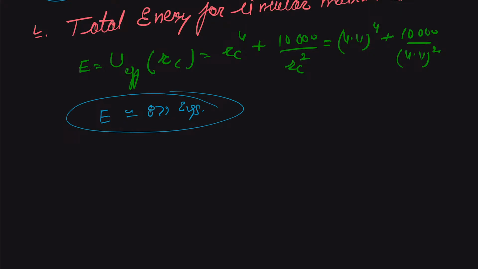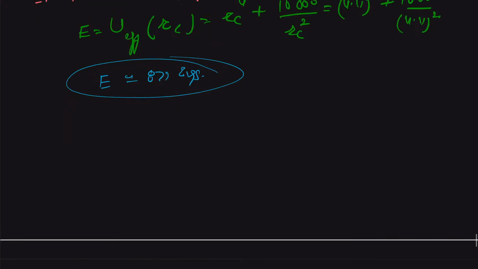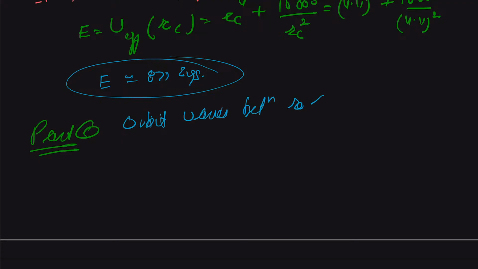And for part B, they have asked to plot. We can plot the figure later on. So let us deal with part C first. Part C says that the orbit varies between R0 and 2R0.